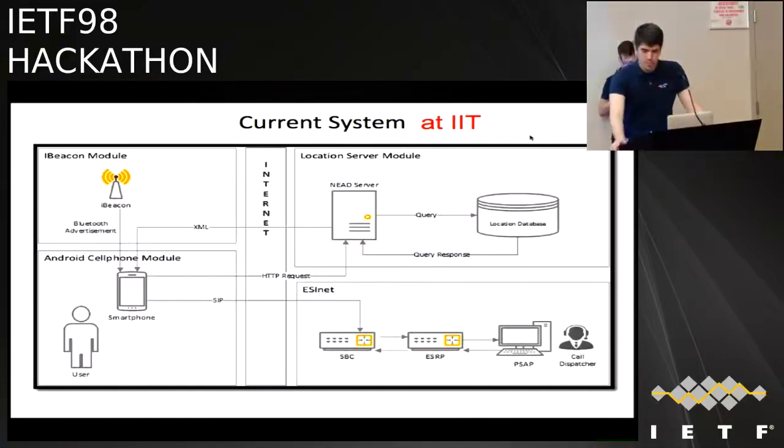Hi everyone. This weekend we worked on a WebRTC PSAP app. Our team at IIT built a system which is able to get our indoor location information. However, we are using an EasyNet which allows us to get only SIP calls, and we receive this SIP call on a SIP interface, which is a PSAP app.